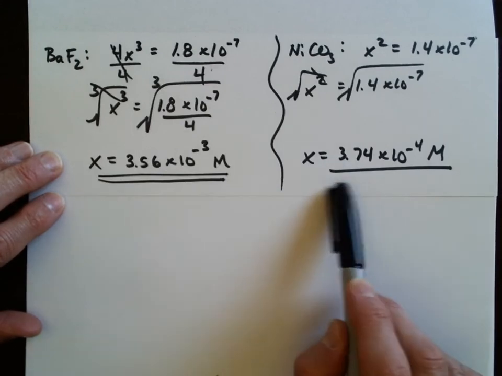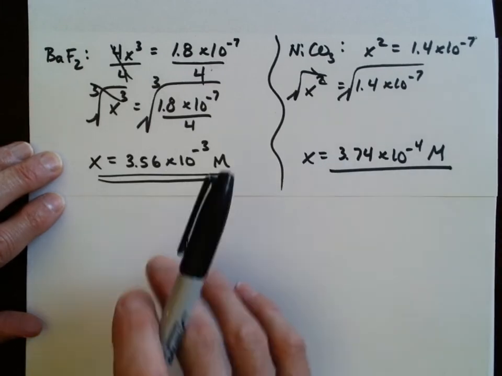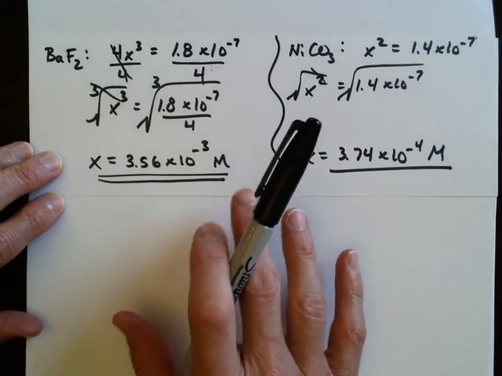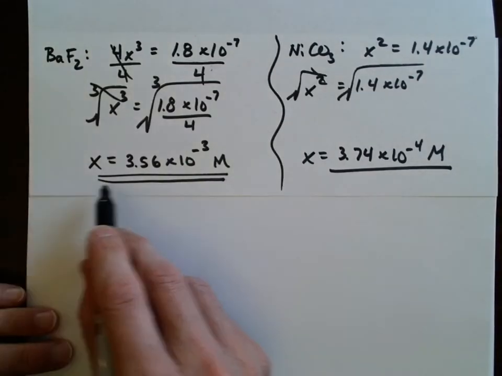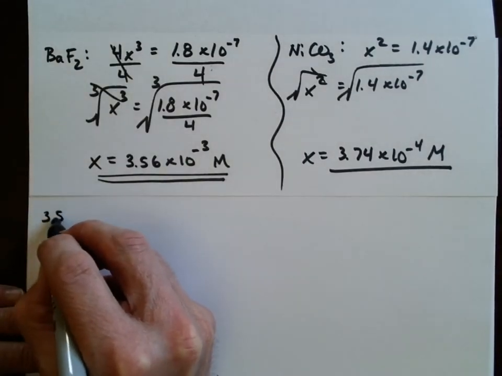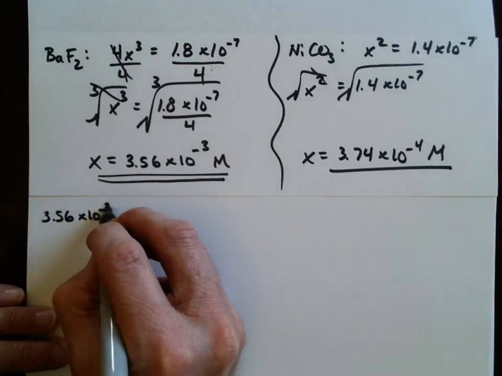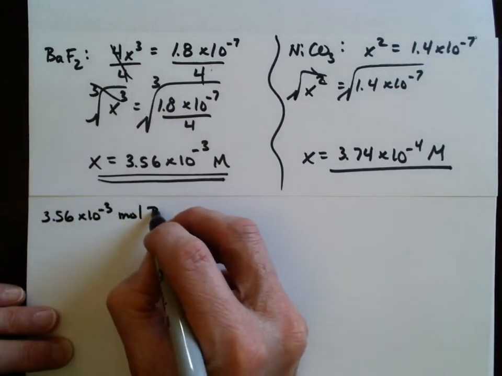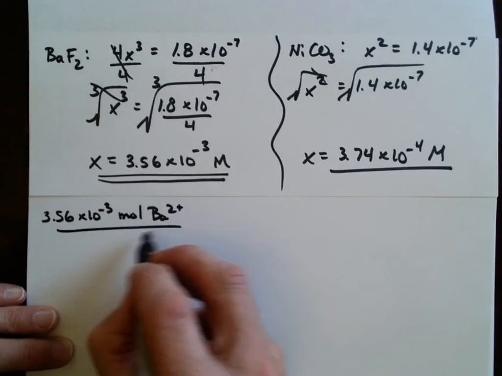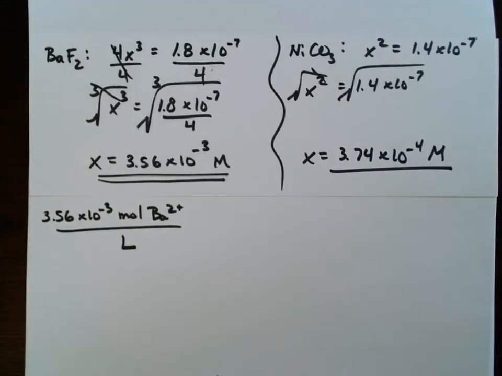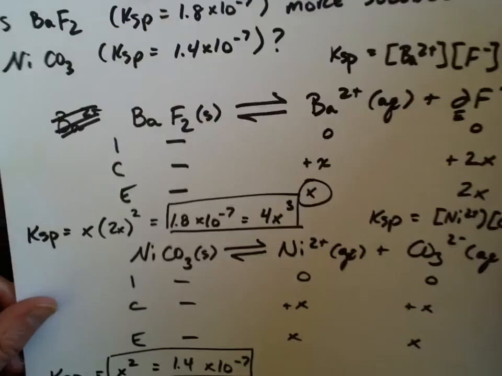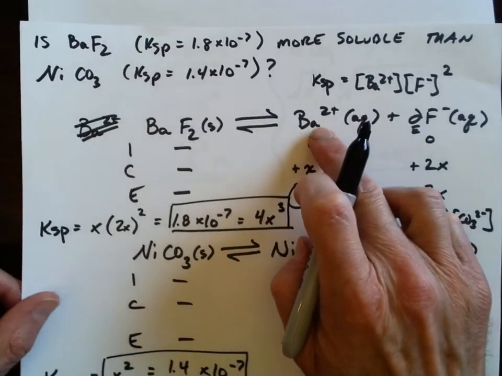I just want to push this just a bit further and see in which case more grams of the salt will dissolve. So in this case I have 3.56 times 10 to the negative 3. That's going to be moles of barium per liter. And remember, x is my concentration of barium that we found.